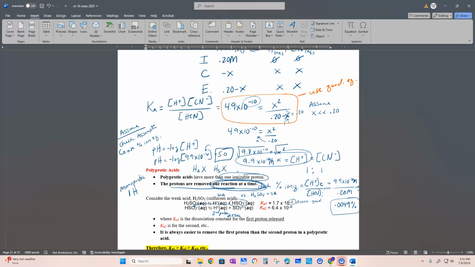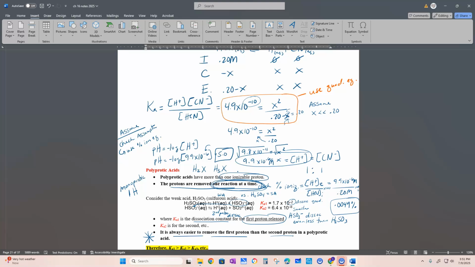So notice that Ka2 got smaller. That means that HSO3 minus dissociated even less than the original acid. That original acid did the most dissociation. So Ka1 is the dissociation for the very first proton released, and the second one is for the second proton. But this is the key part: it is way easier for us to remove that very first proton than the second one, then the third one.